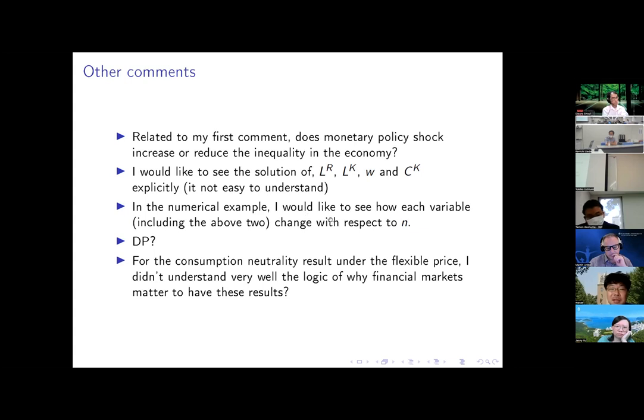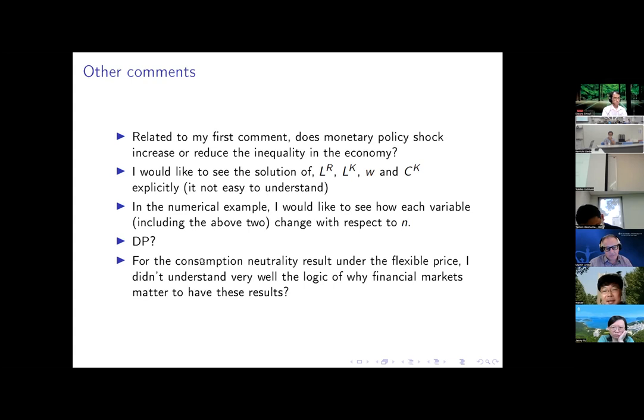And related to this, maybe it's nice to show numerically and intuitively how these endogenous variables change with respect to n, the size of Keynesian households. And how about discussing dollar currency pricing? In the literature, PCP, LCP, and DCP are the three categories that we typically discuss, so it's very nice to have dollar currency pricing.